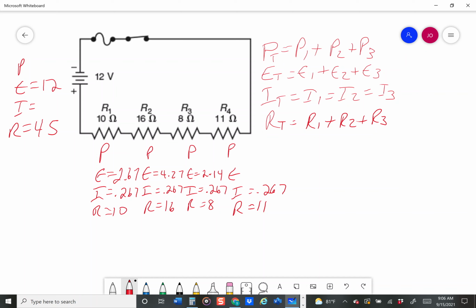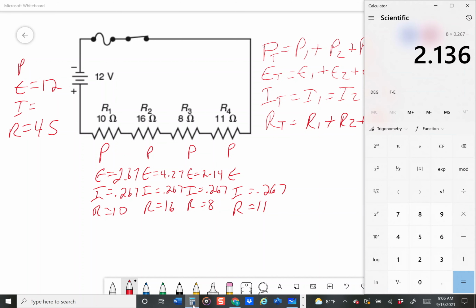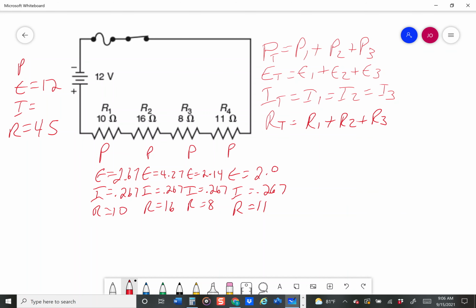And then 11 times 0.267 is going to give me a value of 2.94. All right, so that's how we solve for all that stuff in series.